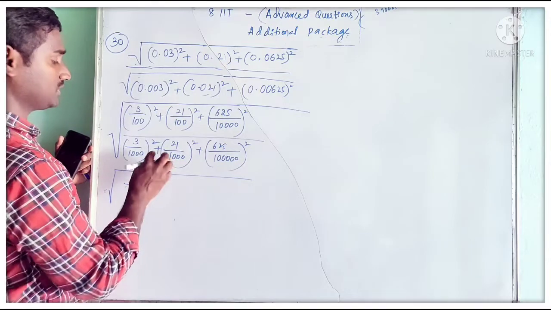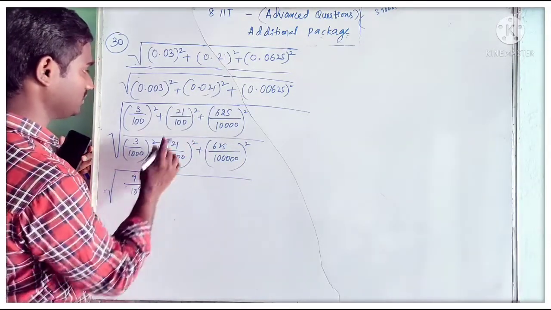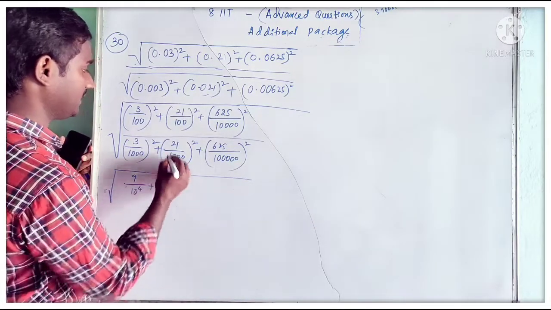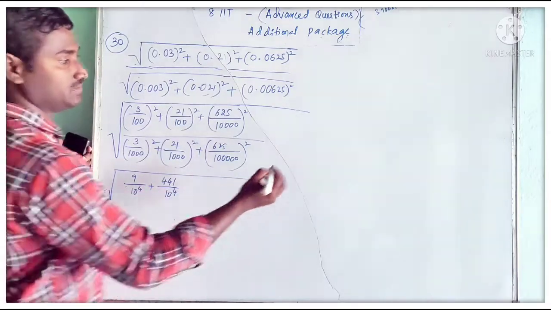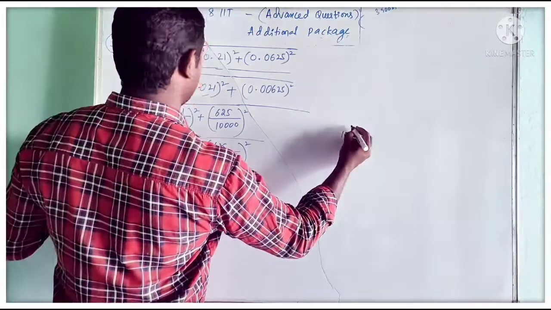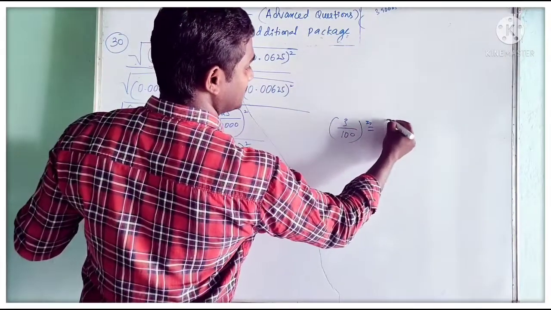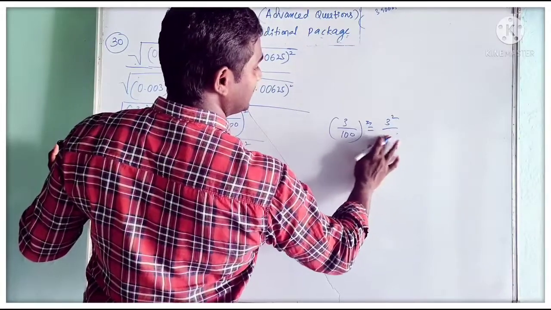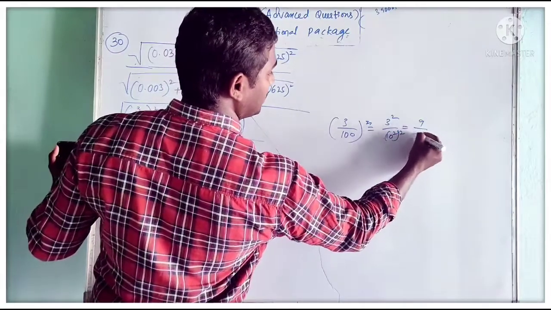Similarly, 21 square is 441 by 100 whole square, which we can write as 10 power 4. If you have not understood, listen: 3 by 100 whole square means 3 square by 100 square. 100 we can write as 10 into 10, 10 square whole square, which is equal to 9 by 10 power 4.